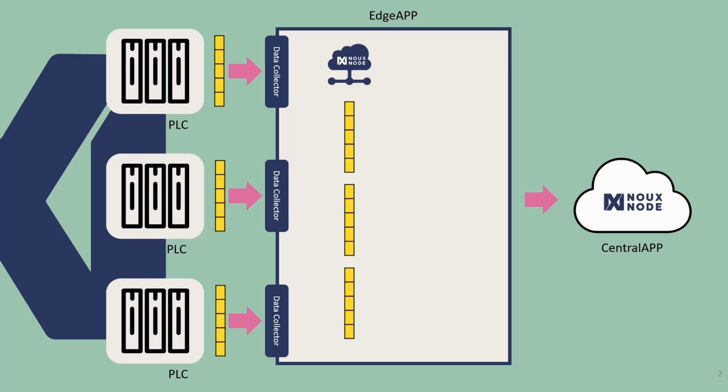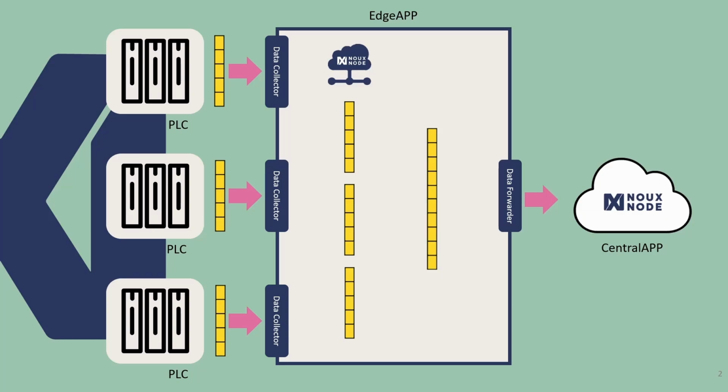What we can achieve by bringing in this data forwarder is that we can filter the data that we are going to send. And you may ask what the benefit of this is. Well, it's not so big if we are only using one data forwarder to our central application.